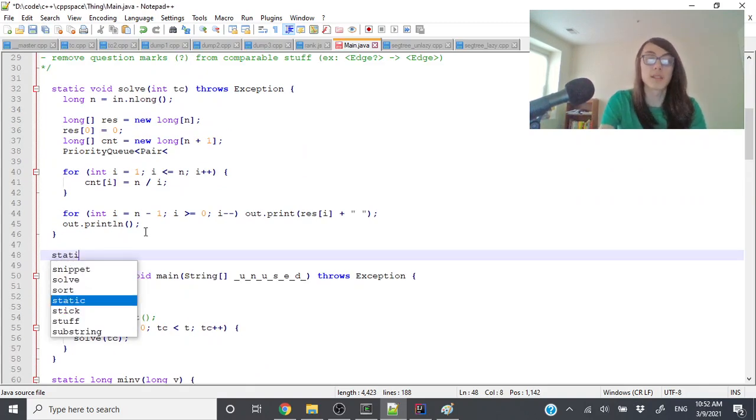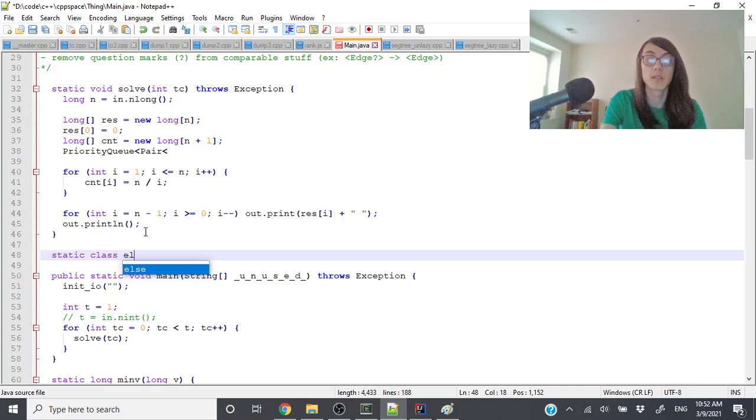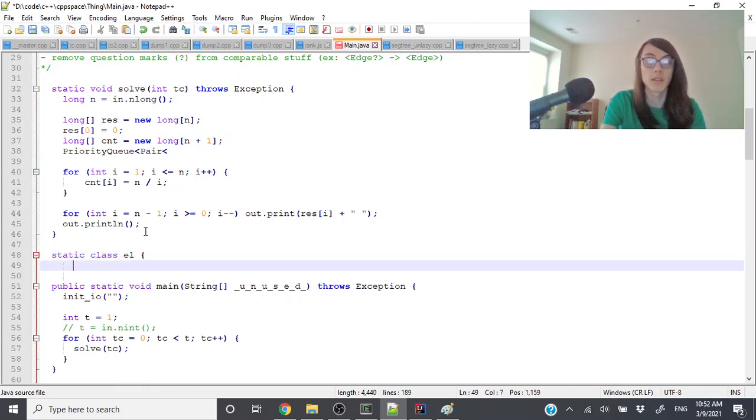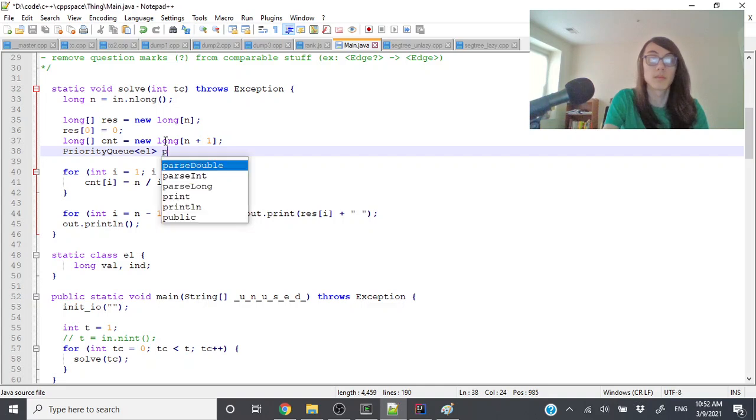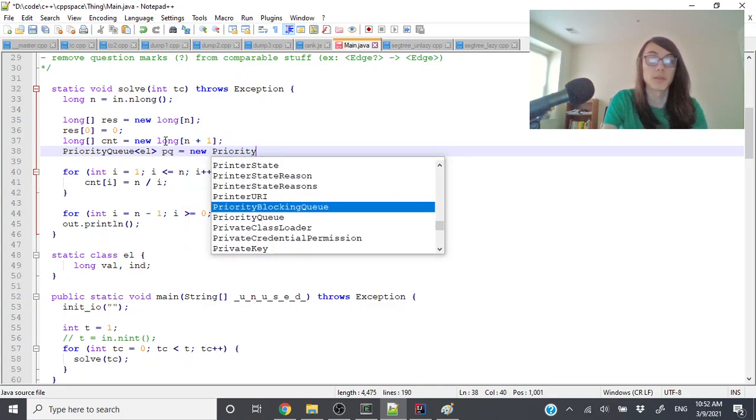Okay, so static class element, long val, int ind, pq equals new priority queue.